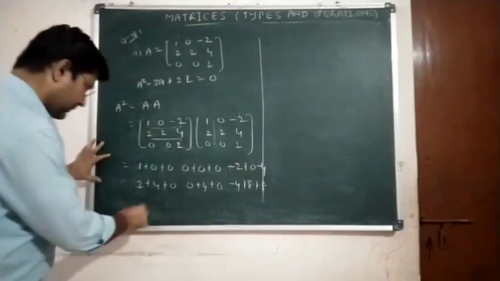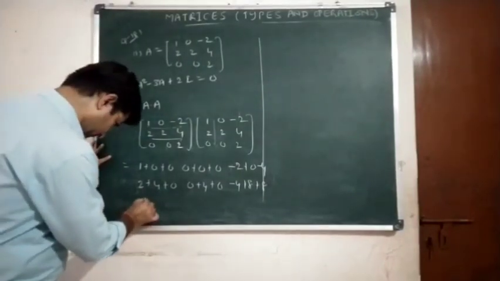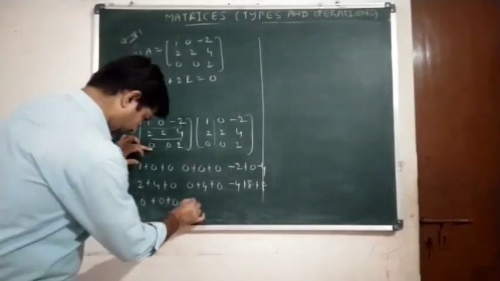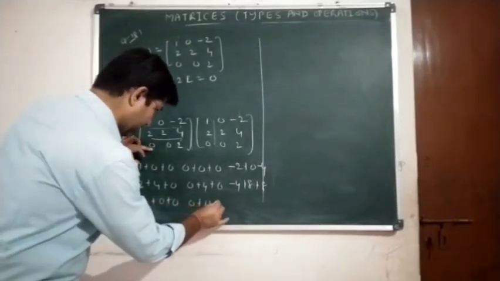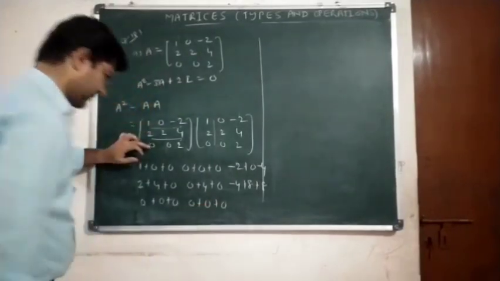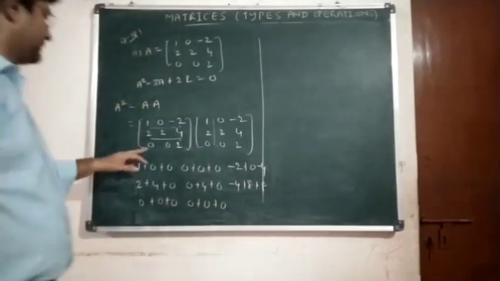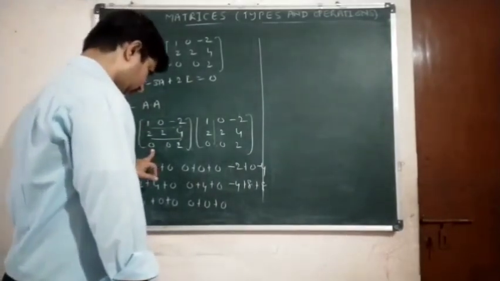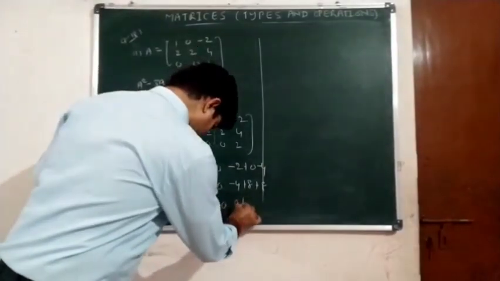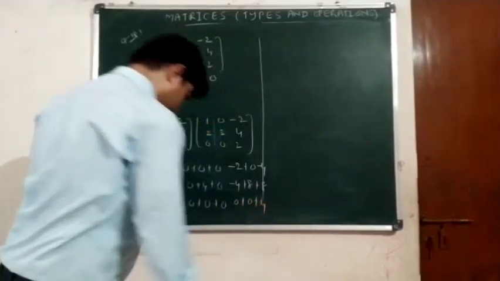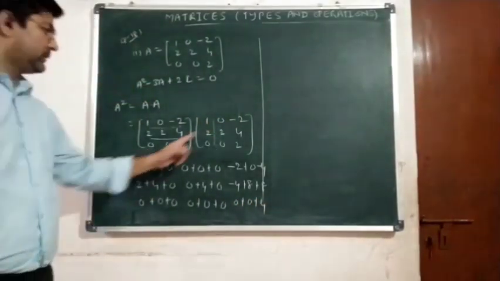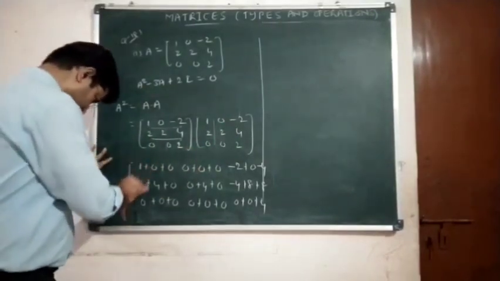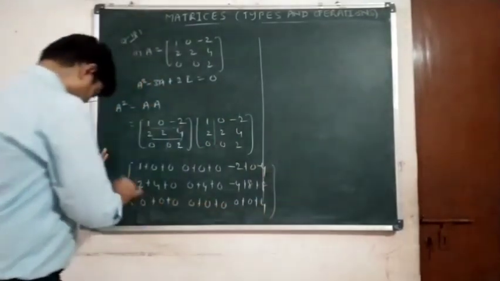So 0 plus 0 plus 0, again 0 plus 0 plus 0, and in the last one we have 0 plus 0 plus 4. Clear? 0, 0 and 4. So this is A square.